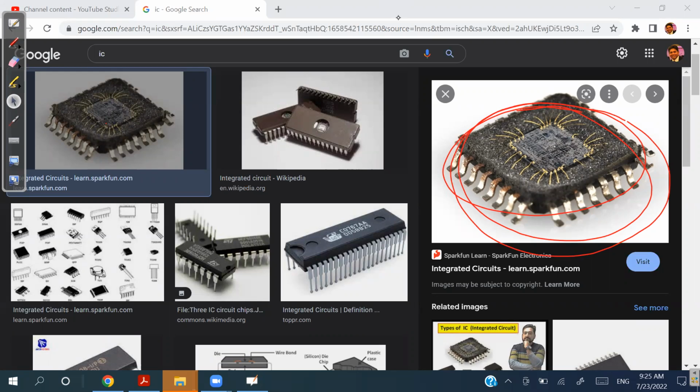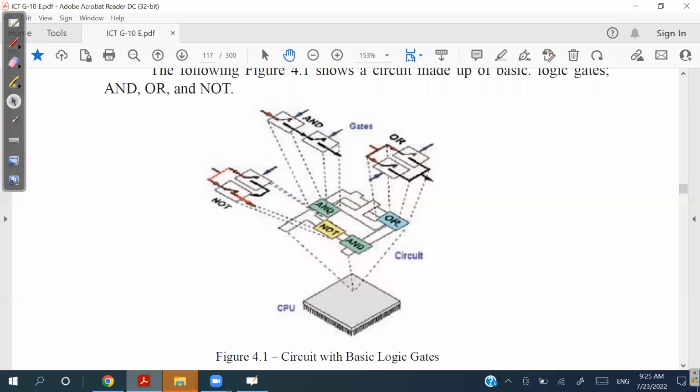Likewise, when it comes to computing, we have logic gates to indicate what happens inside a circuit. Logic gates help us have a clear idea what is going on inside a circuit. For that purpose, we are learning the lesson which we call logic gates.